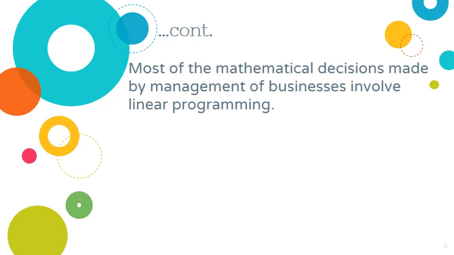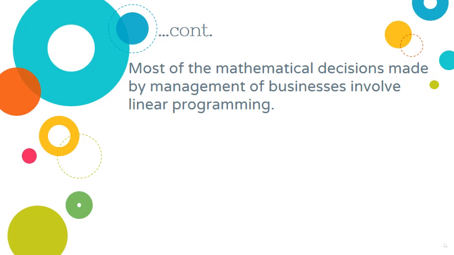Most of the mathematical decisions made by management of businesses involve linear programming. Of course, they don't call it linear programming, but when we talk about how much production will earn how much profit, we don't want to produce too much, because then we're not going to make money if people aren't buying the product quickly enough.